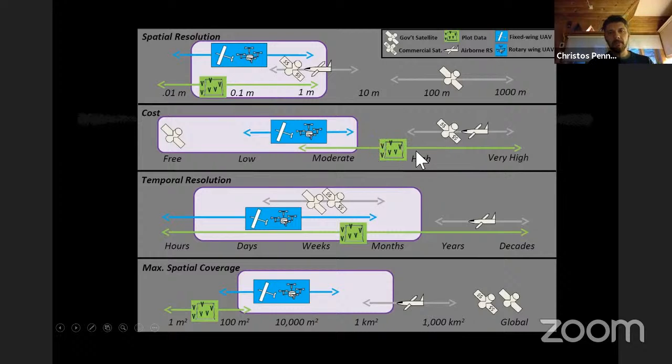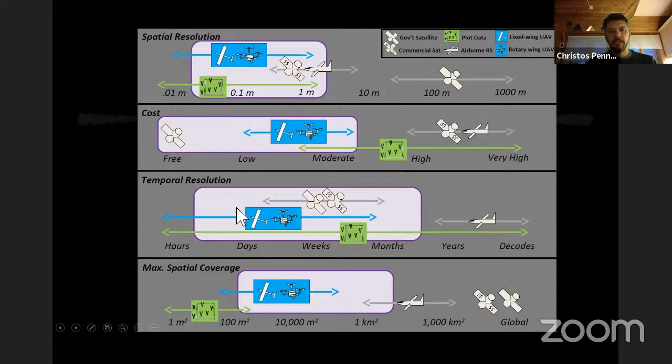Then we have a little bit higher cost for close range photogrammetry, but this is due not to the equipment, but mostly because we need to spend so many man hours in the field to collect the same amount of data as we can collect with a drone or a satellite or an airplane, which have a higher cost. Sometimes this cost is not something that we cannot afford for the purposes of scientific research.